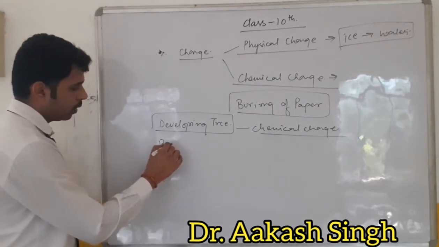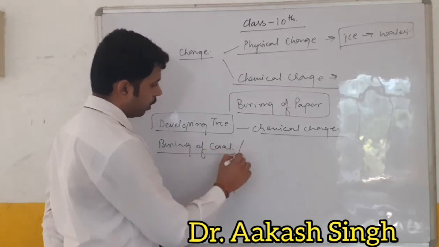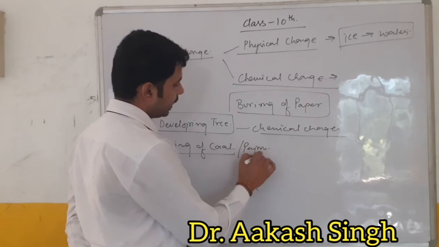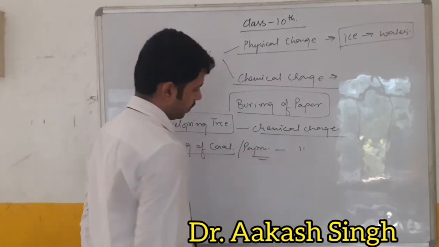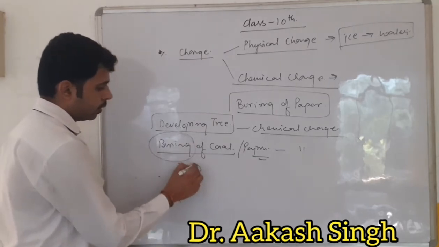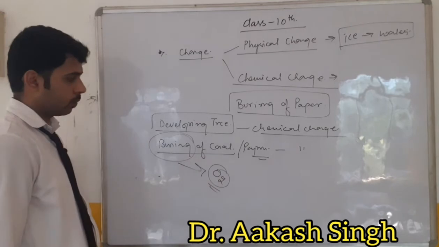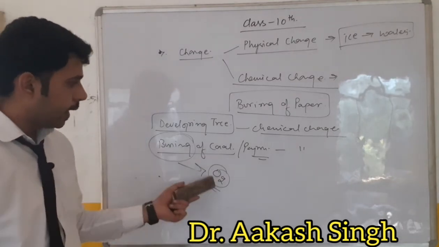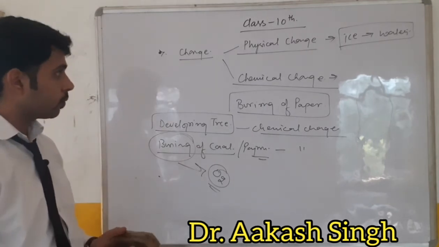Burning of coal or paper or anything which can burn is an example of chemical change, because burning means the reaction with oxygen. So, if a direct reaction is involved, then the change will be a chemical change.